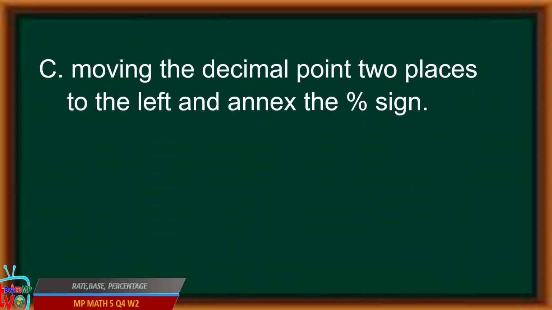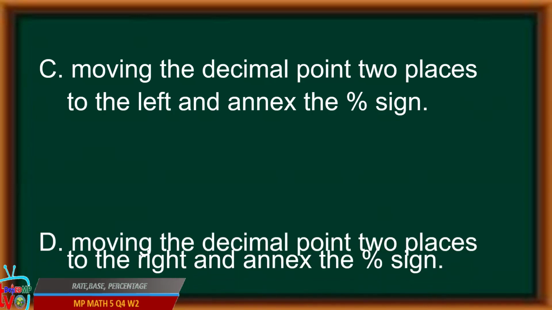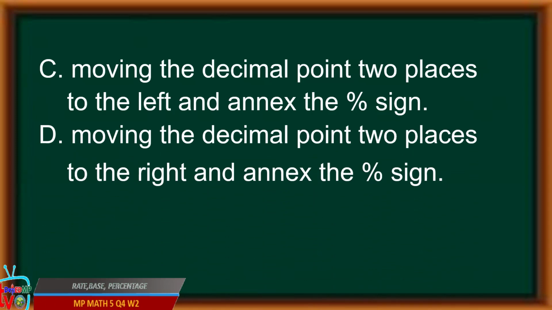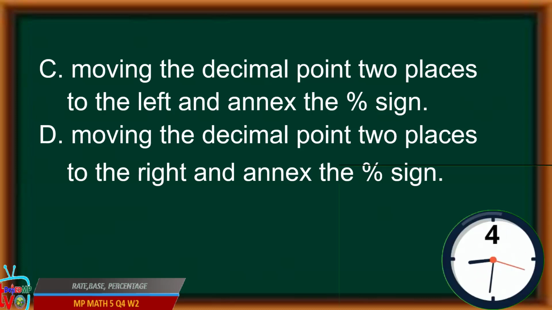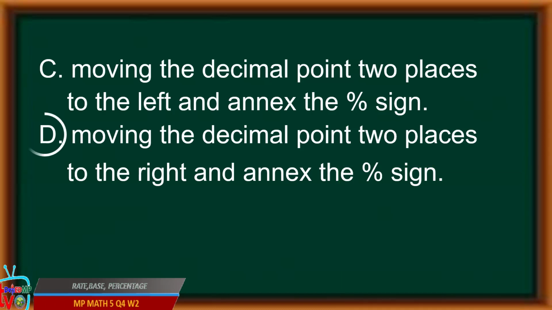Letter C. Moving the decimal point 2 places to the left and annex the percent sign. D. Moving the decimal point 2 places to the right and annex the percent sign. The correct answer is letter D. Moving the decimal point 2 places to the right and annex the percent sign.